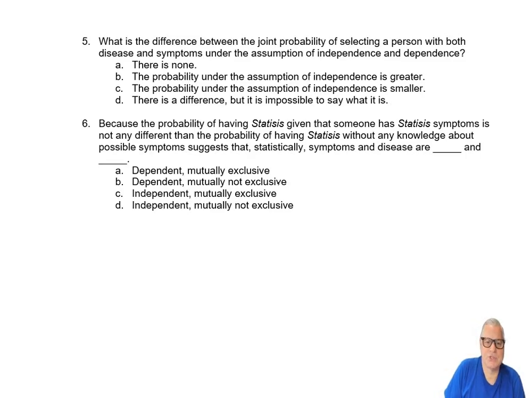Well, there was none, because we have just seen that the probability of S times the probability of D is the same as the probability of S times the probability of D given S.